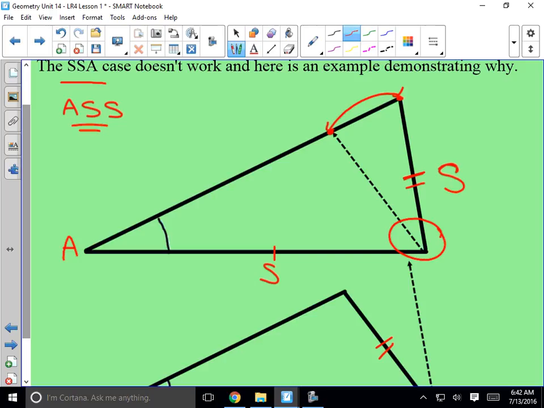So we don't know if we have a small acute angle, a bigger acute angle, or an obtuse angle. So this angle can slide. It's not fixed in a spot. So that's the reason why the SSA or the ASS congruence idea does not work.